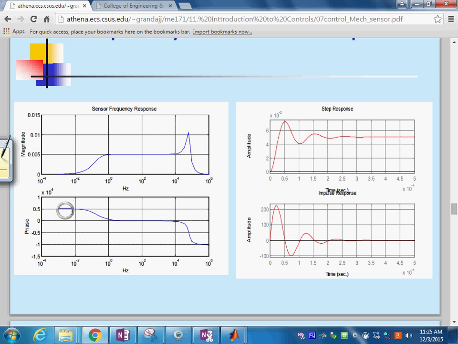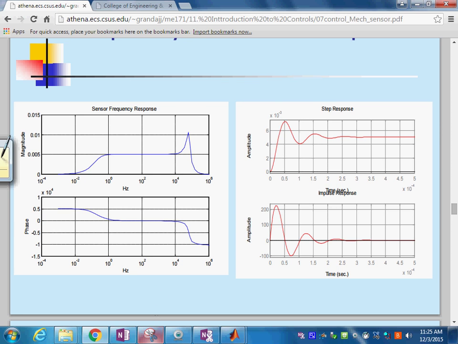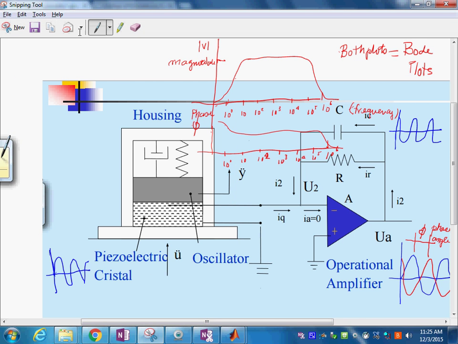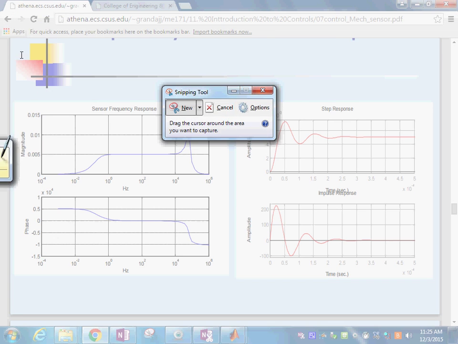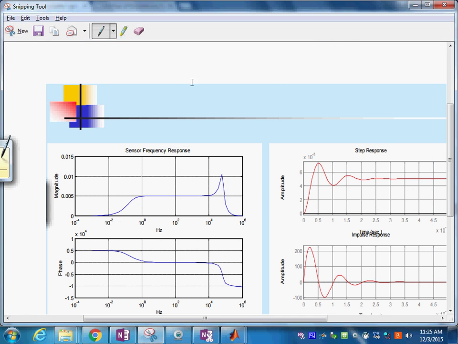So in here, both of these make up the Bode plot.